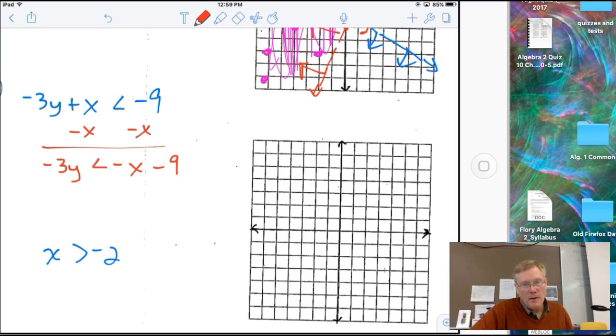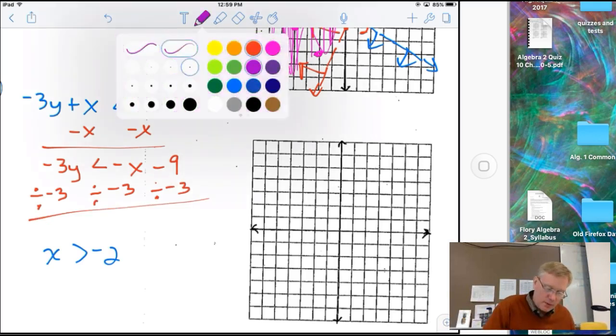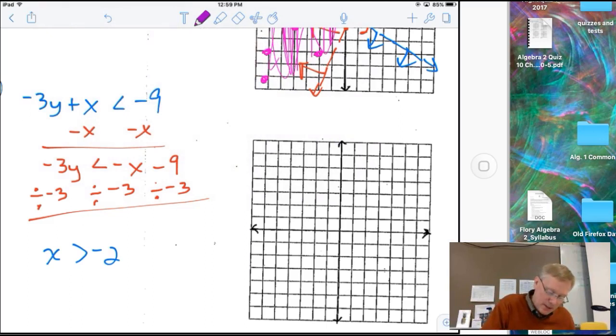Now I need to get that y alone, which means there's multiplication connecting the negative 3 and the y, so I'm going to divide everything by negative 3. It's been a long time since we did this, but hopefully you remember that if I divide both sides of an inequality by a negative number, I have to flip the arrow the other direction.